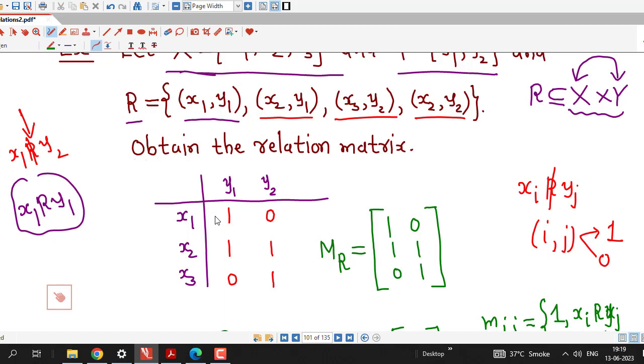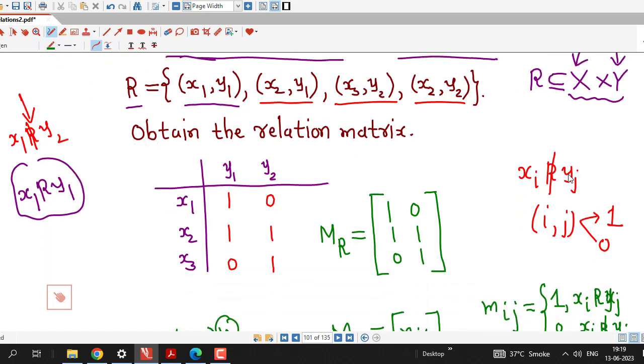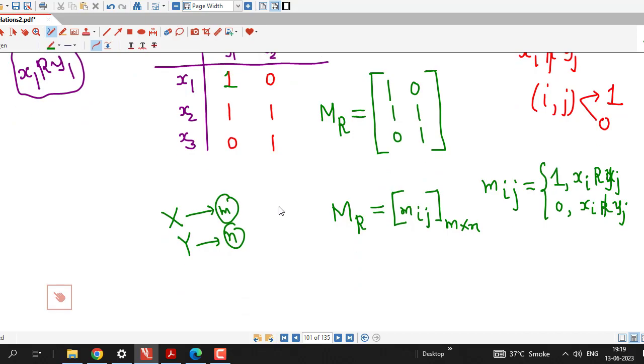So it is very easy to obtain the relation matrix. We just have to remember this condition: if an ordered pair is present in our relation, then the entry corresponding to that ordered pair is 1, and if the ordered pair is not present in our relation, then we put 0. So we will obtain a 0-1 matrix.